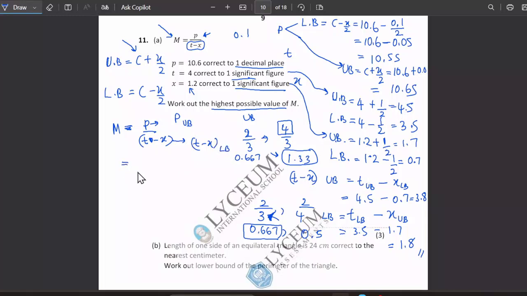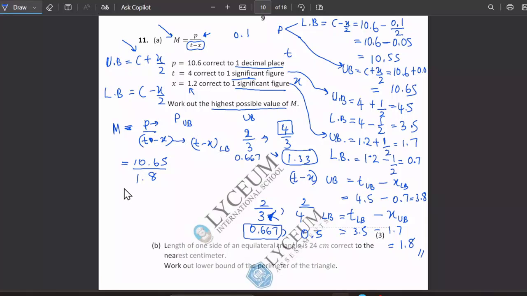Now p upper bound is 10.65, and it should be divided by t minus x lower bound. T minus x lower bound is 1.8.